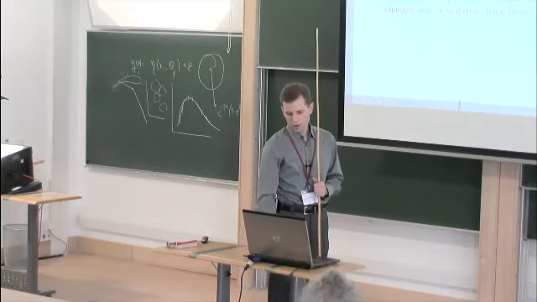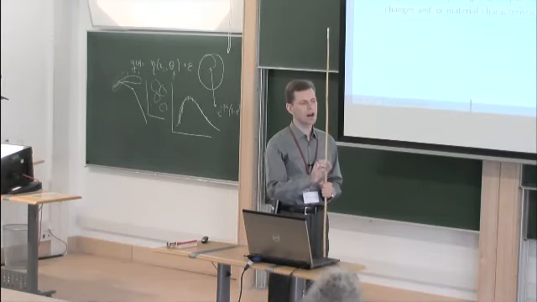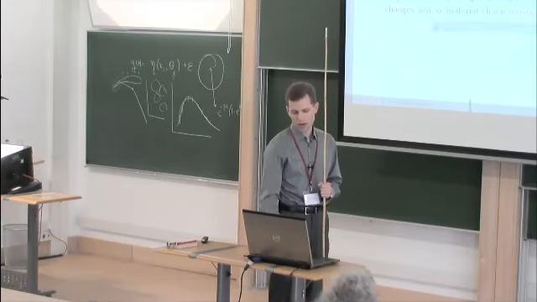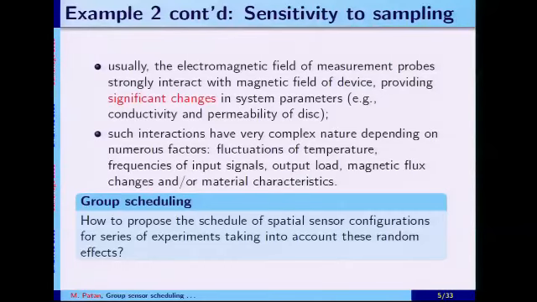The natural solution is to assume that the parameters can vary and can be treated as random variables. So when we are going to identify the system in the laboratory in order to give good models for use in control and prediction, the question appears how to build a schedule where you are doing a test on a group of devices.